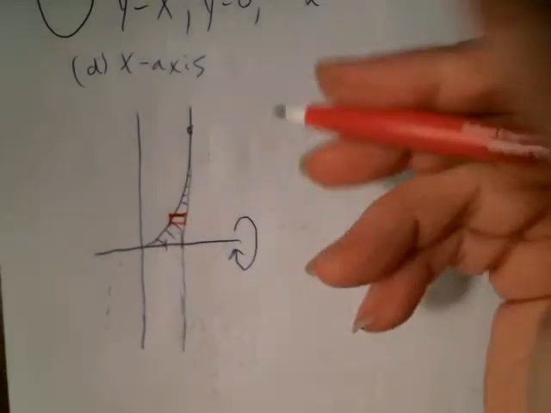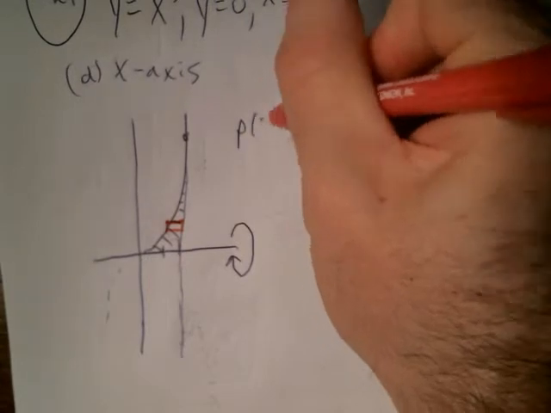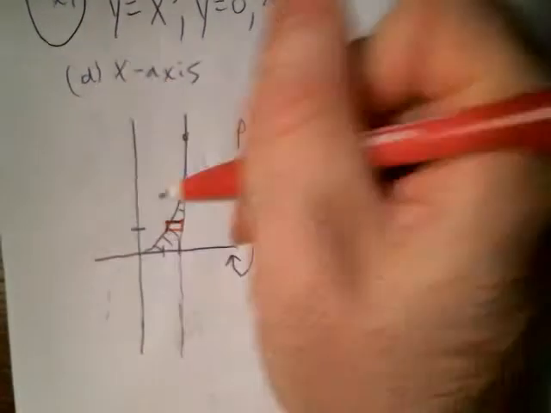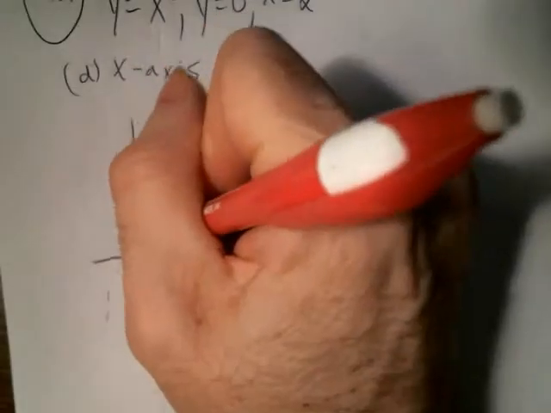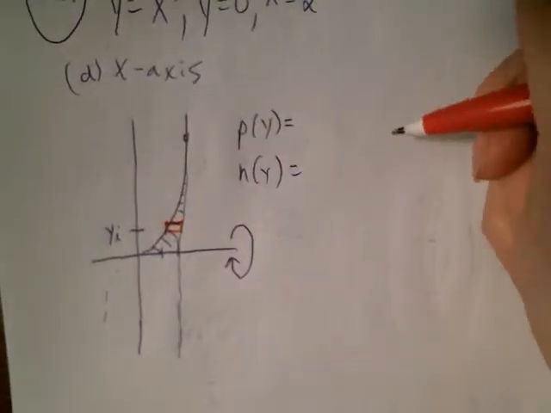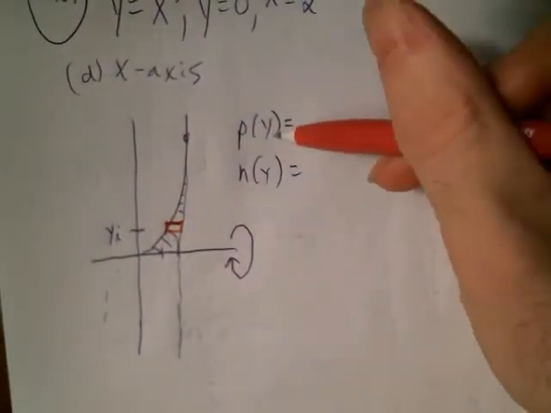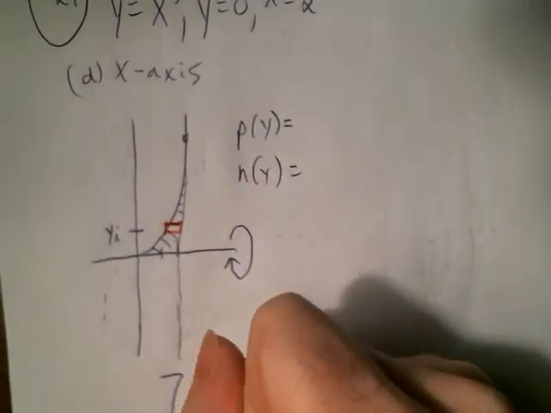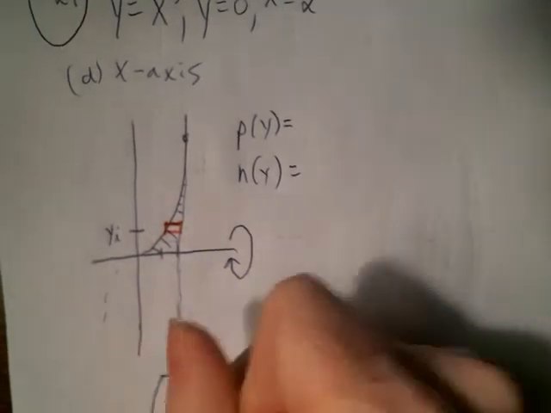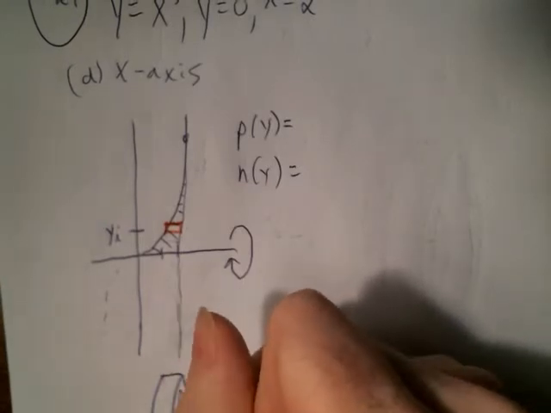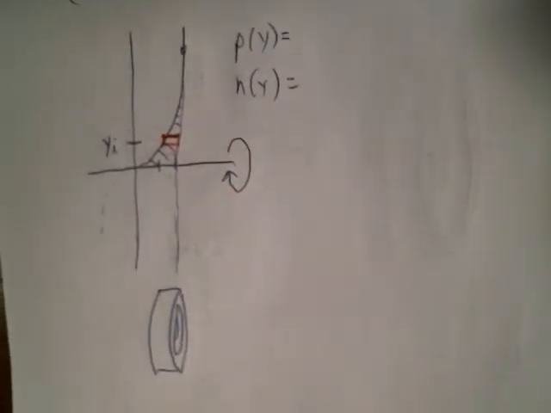So I need to identify then my p of y and also my h of y for this particular rectangle at location y sub i. So the p of y is the radius of this thing that's being rotated out. So this particular shell probably looks like this after it's rotated.